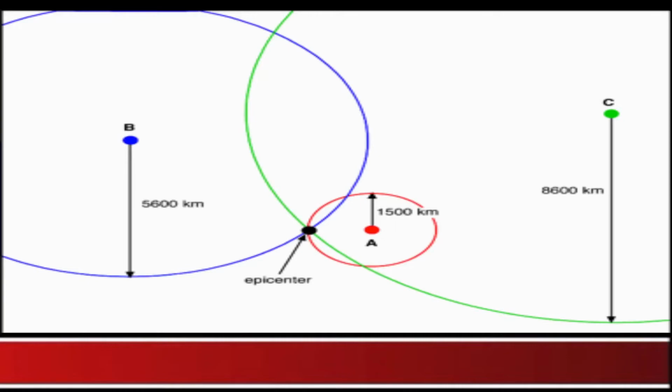Then we all know that the first thing that the seismologists must determine would be the distance of the epicenter. They were able to achieve that by considering the time delay between the P wave and the S wave, and using the travel time curve, they were able to determine the distance of the epicenter.